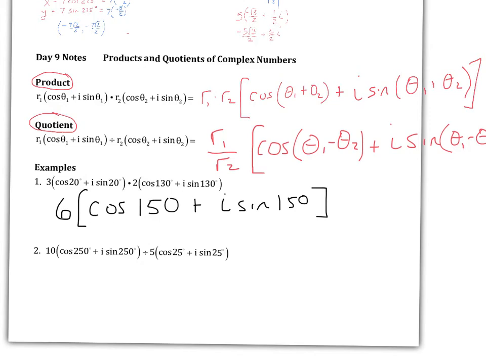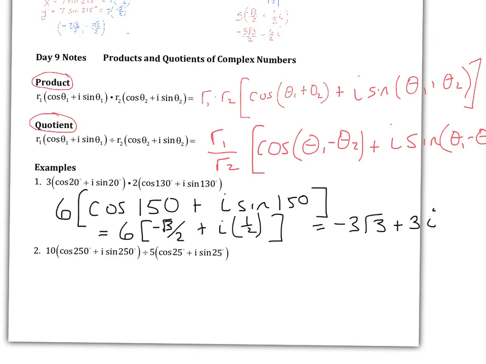Then I can just convert this back to rectangular form. The cosine of a 30 in the second quadrant is root 3 over 2, and it's negative. So that's 6 multiplied by negative root 3 over 2. Sine in the second is positive, and it's positive 1/2. So that'll just give me negative 3 root 3 plus 3i.